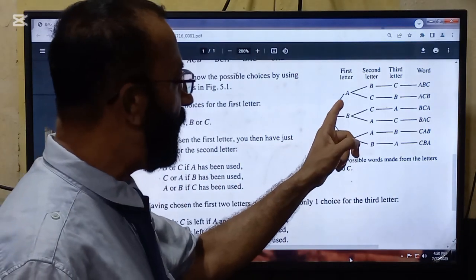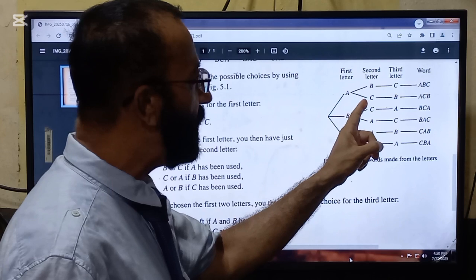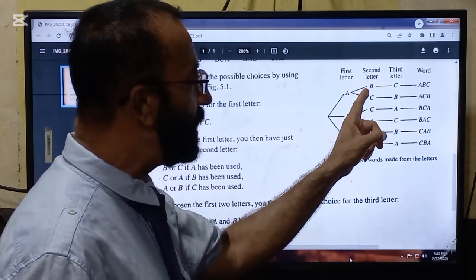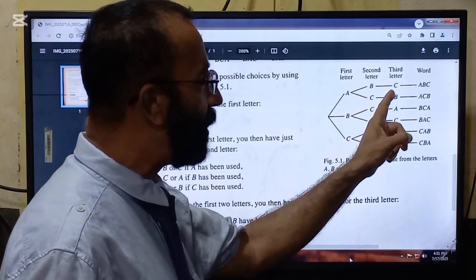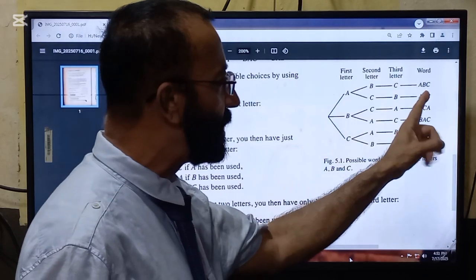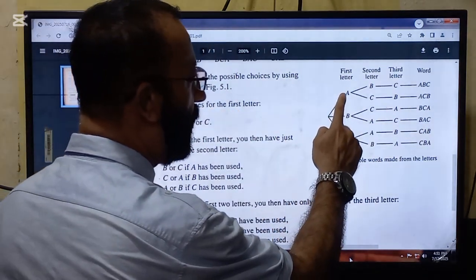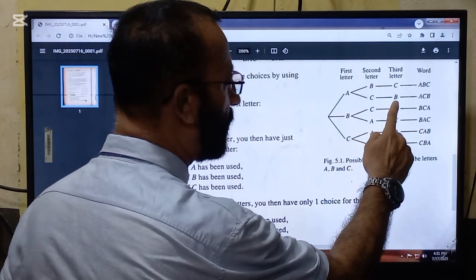Suppose A is chosen, then B and C will be left for the second letter, and if B is chosen for the second letter, then C will be left for the third letter. So the word will be A, B, C. Likewise, if A is chosen for the first letter and C for the second letter, definitely B will be left for the third letter.